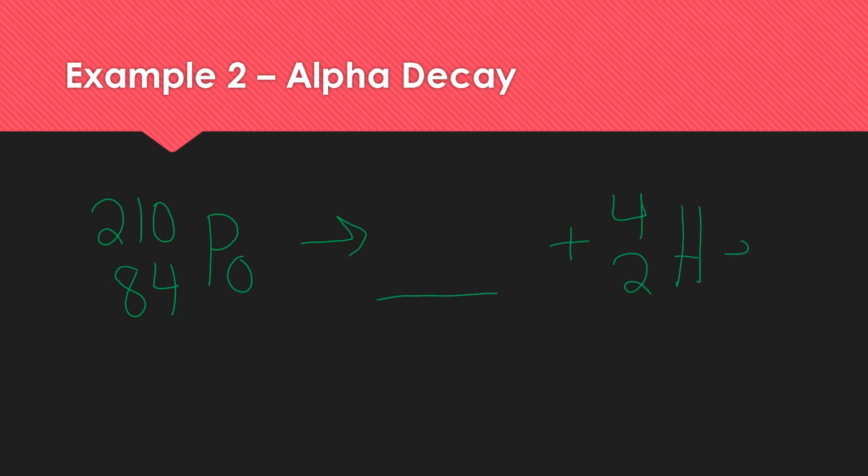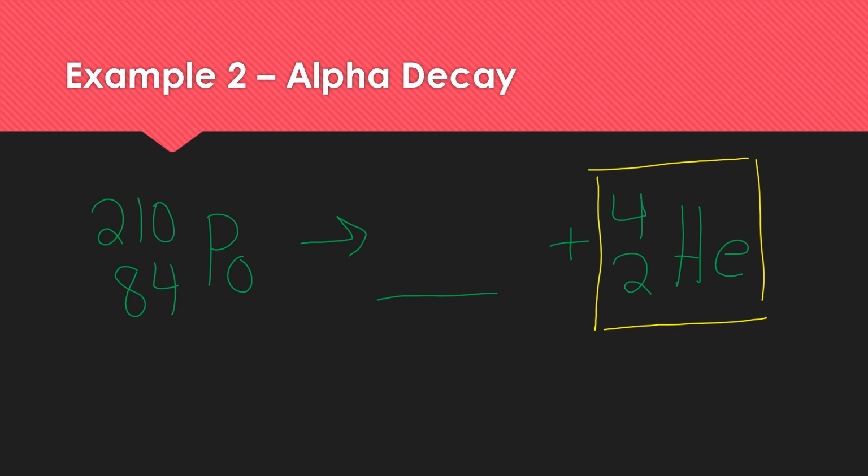Next, we have an example with alpha decay. So our example is as follows. Right away, we can tell this is alpha decay because we see the helium-4 with atomic number 2, which is the nuclear symbol for alpha decay.